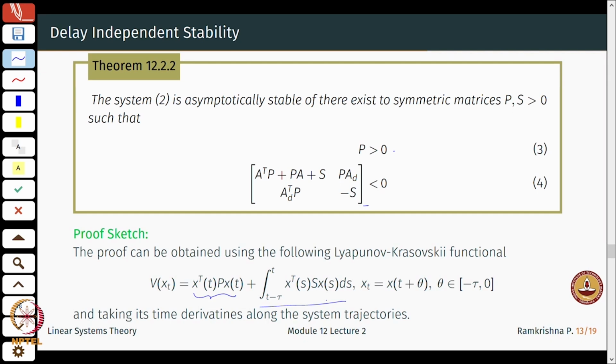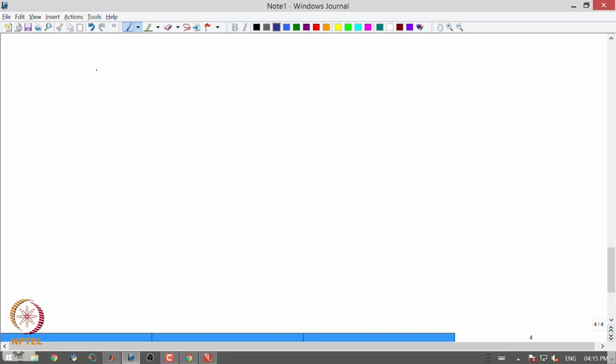Let us see if we can really quickly do a proof of how we arrive at this delay LMI. I have V(x_t) is x transpose P x plus the integral from t minus tau to t of x transpose(s) S x(s) ds.